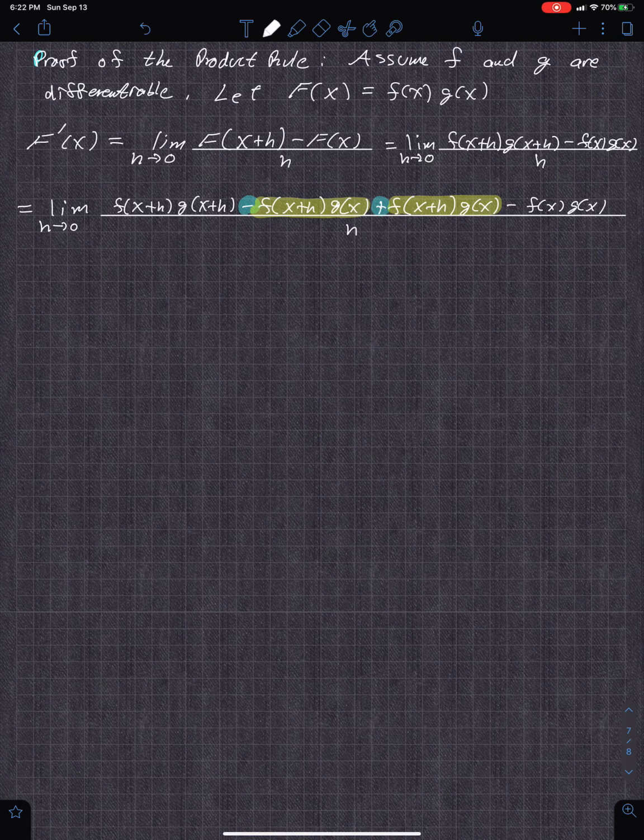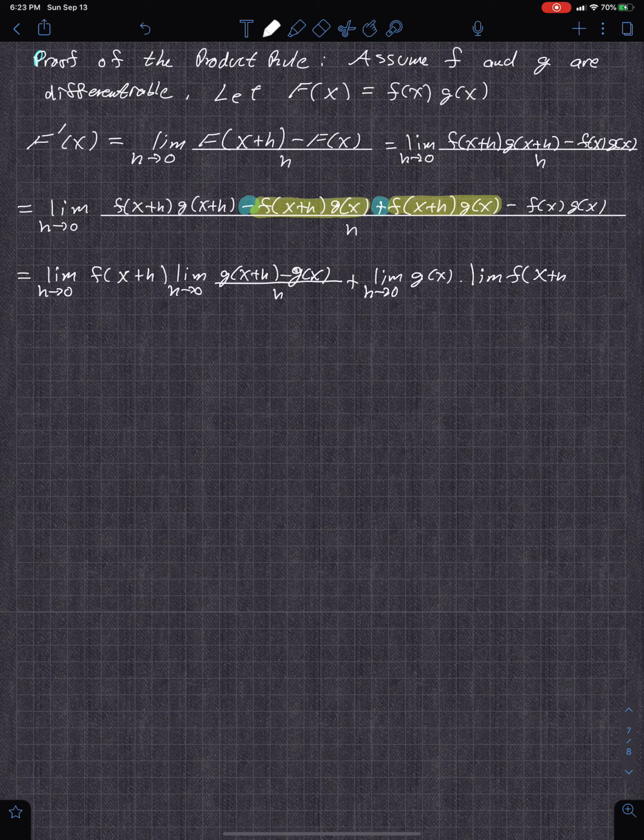So this is equal to the limit of f(x+h) as h approaches 0 times the limit of [g(x+h) minus g(x)] all over h as h approaches 0, plus the limit of g(x) as h approaches 0 times the limit of [f(x+h) minus f(x)] all over h as h approaches 0.